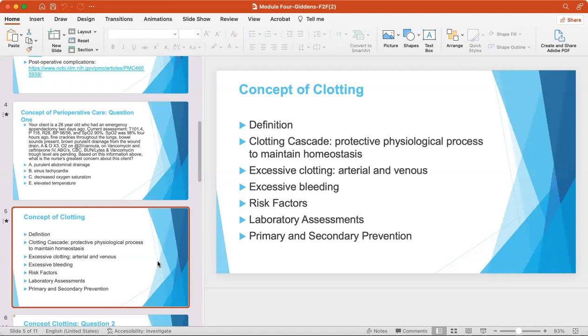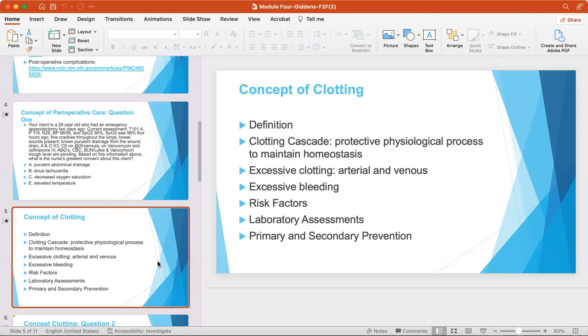Lab work that you need to know and understand, Rachel, and you will need to understand the prothrombin time, the international normalized ratio, which we refer to as INR, the activated partial thromboplastin time, and the fibrinogen, the platelet count, the D-dimer.